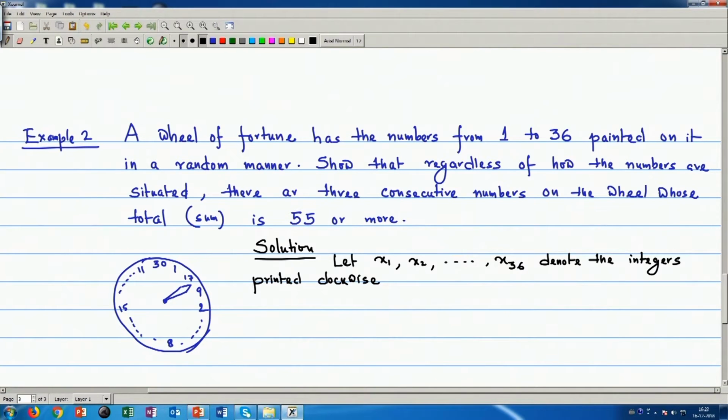Since our numbers are not in order, we consider x1, x2, up to x36 in order, and they denote the numbers printed clockwise on the wheel.